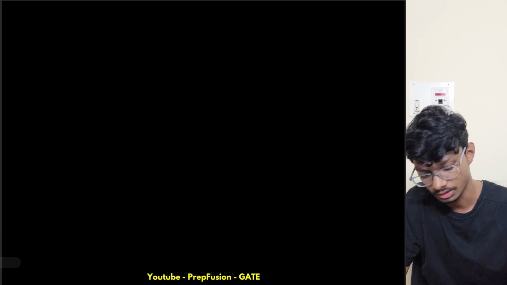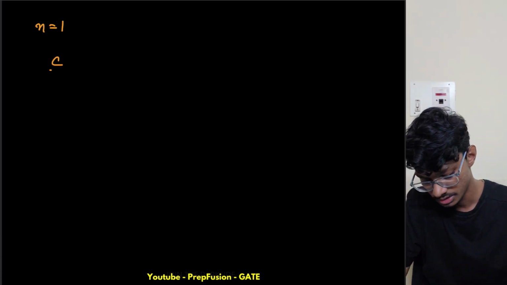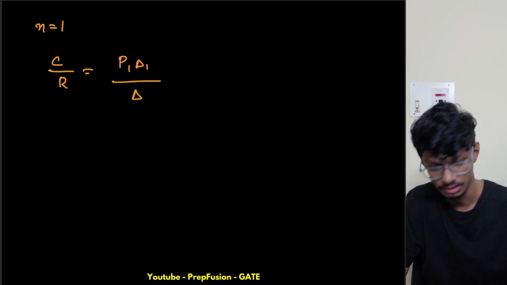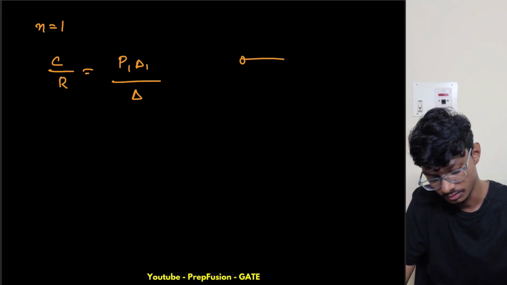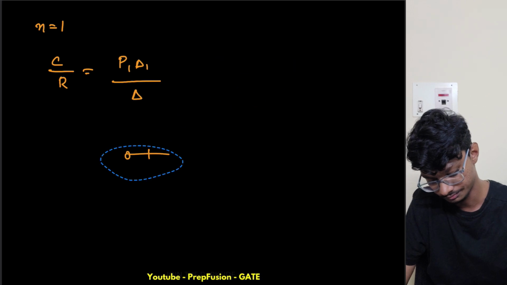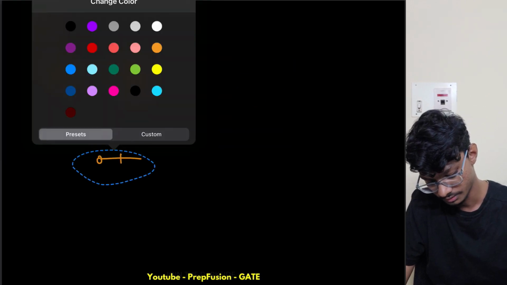So what will our formula become? N equals 1, so C by R equals P1 delta 1 by delta. Now let me write the forward path, basically color this in a different color.